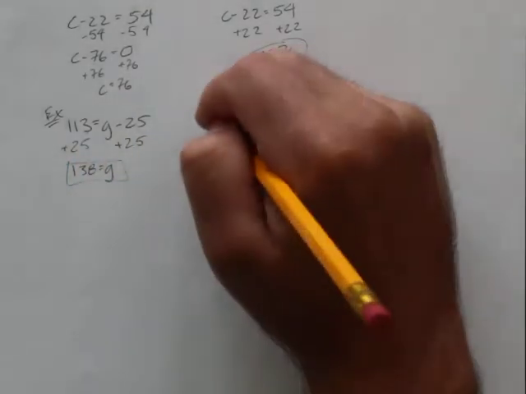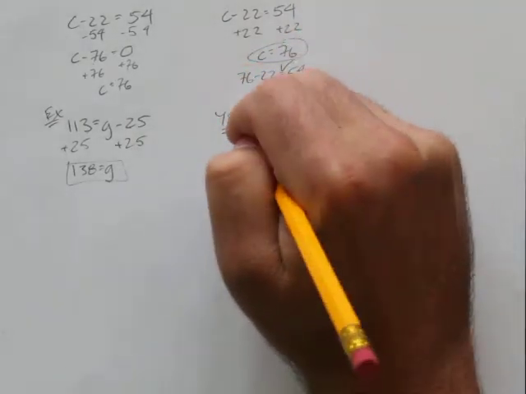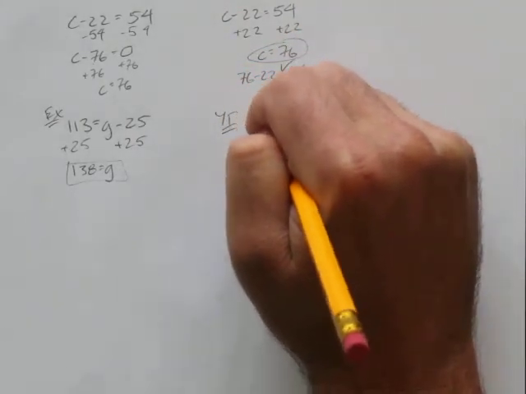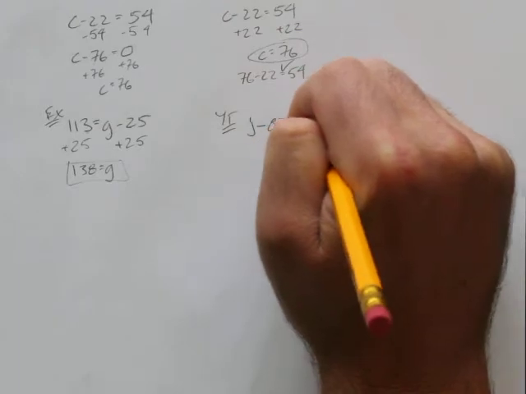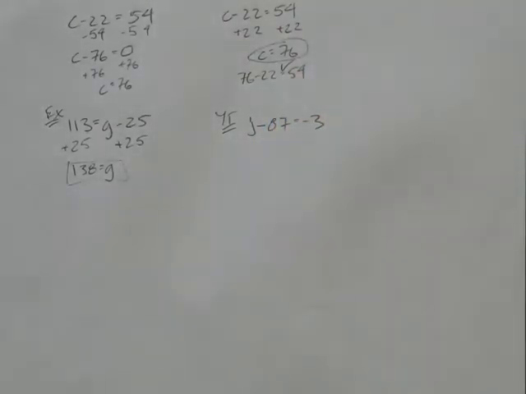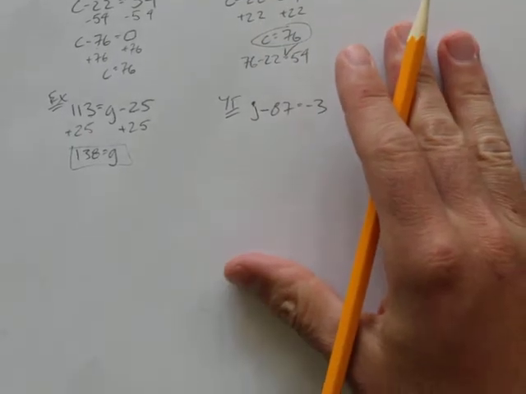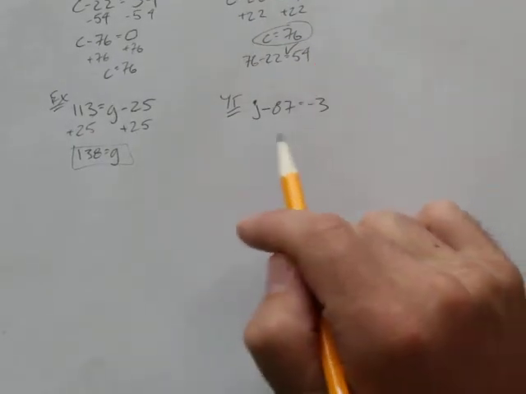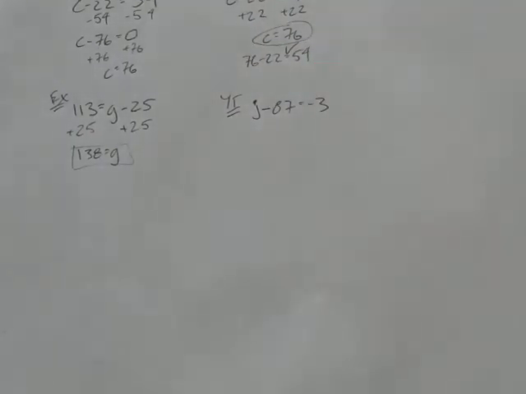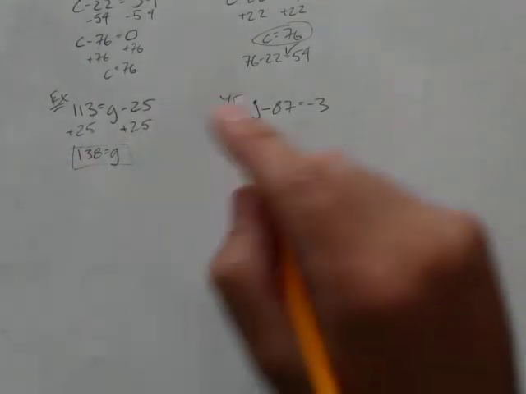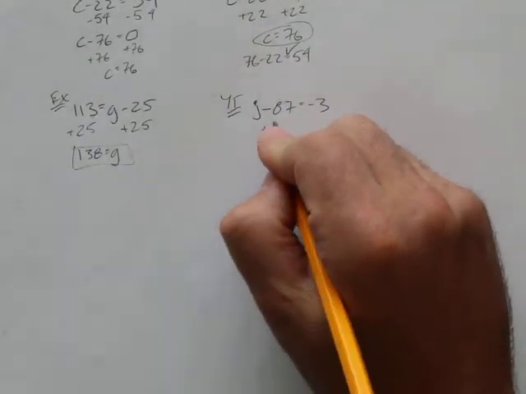Now, let's see if you can do one on your own. J minus 87 equals negative 3. Go ahead and try this one out, pause, and then we'll come back and talk about it. Pause now. All right, let's see how you did.